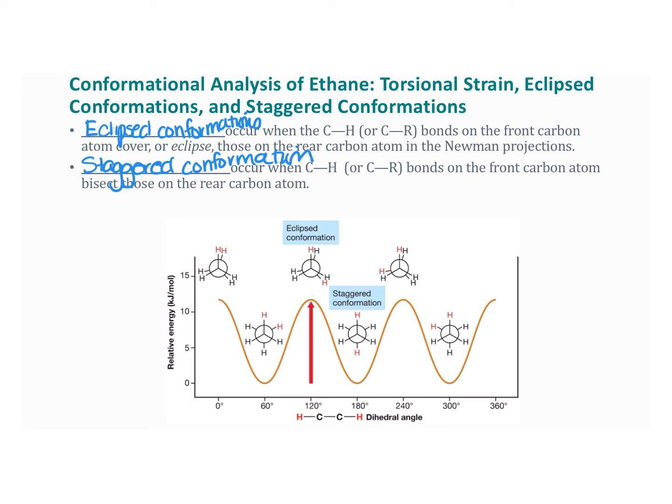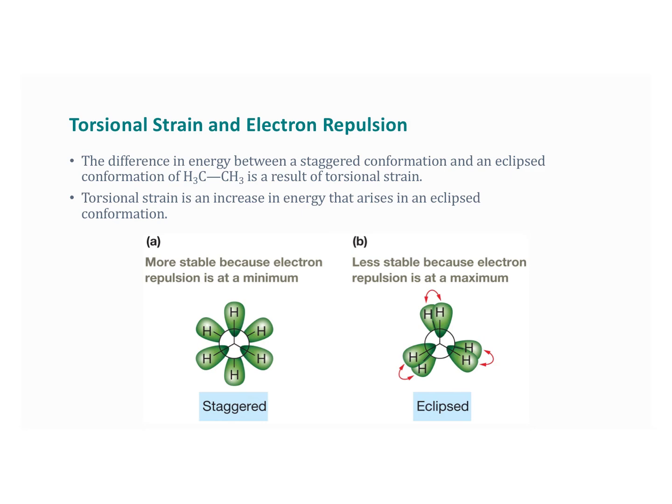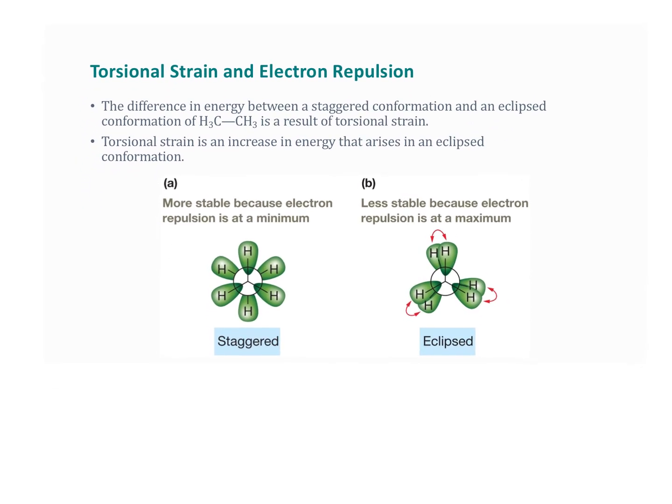Now, let's, I love a good question. So why are eclipsed conformations higher in energy than staggered conformations? Well, as we can see in this figure, okay, so we're back to looking at the electrons here. The electrons making up the carbon-hydrogen bond on adjacent atoms, right?